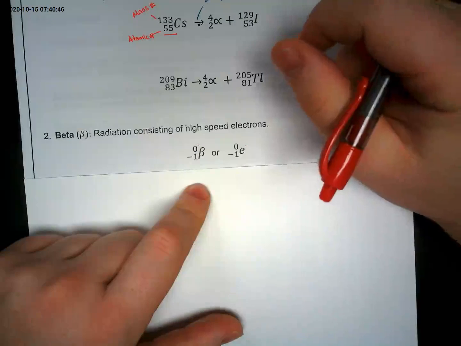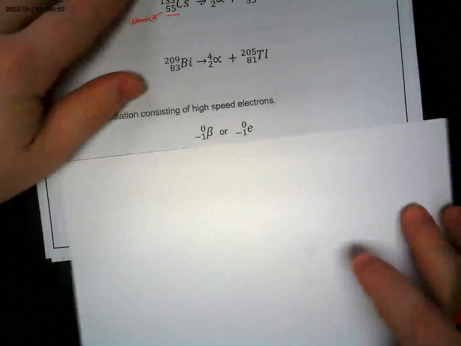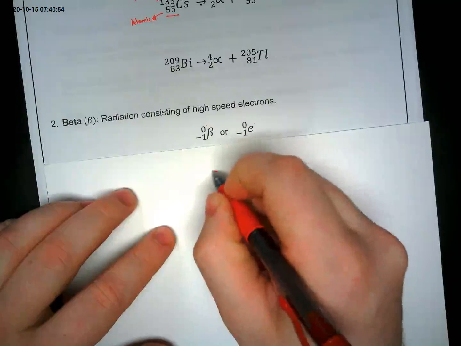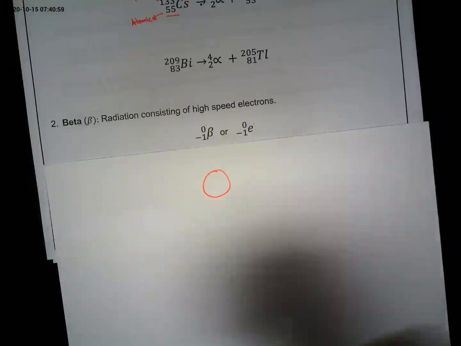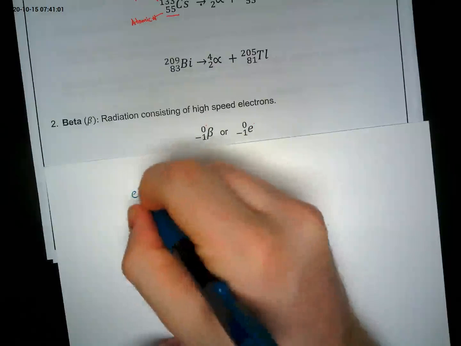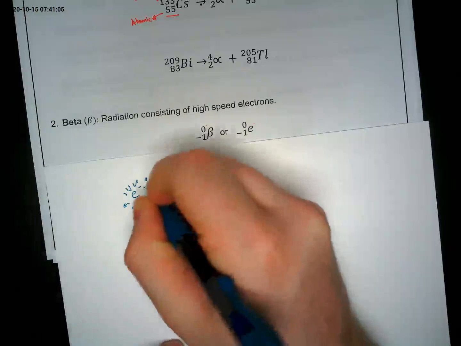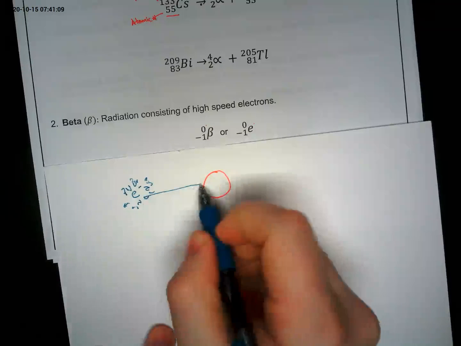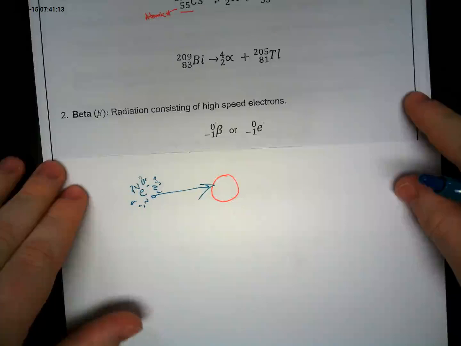So what's happening here? You have an atom minding its own little business, and you have a high-energy, like Super Saiyan, electron just going absolutely nuts. It's going to slam itself into the atom.